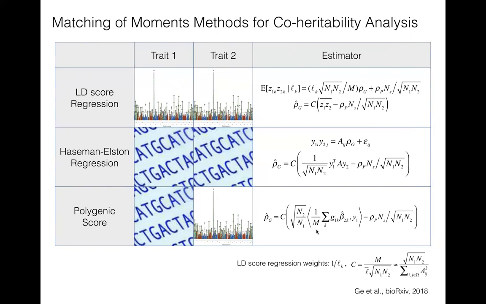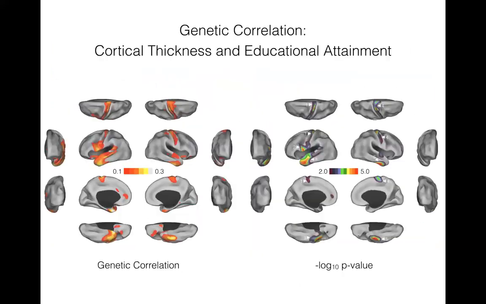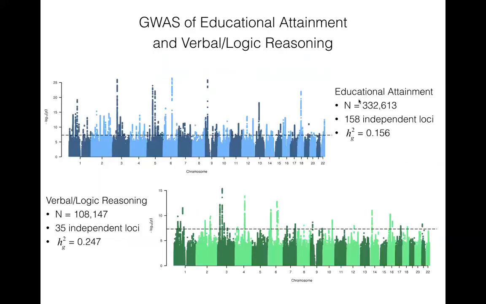So as an example, we did this analysis in the UK Biobank, where we estimate the genetic correlation between these fine-grained cortical thickness measurements and education. So we have hundreds of thousands of cortical thickness measurements here, and to map the genetic correlation with education, we did this GWAS of educational attainment in the UK Biobank and got the GWAS summary stats.